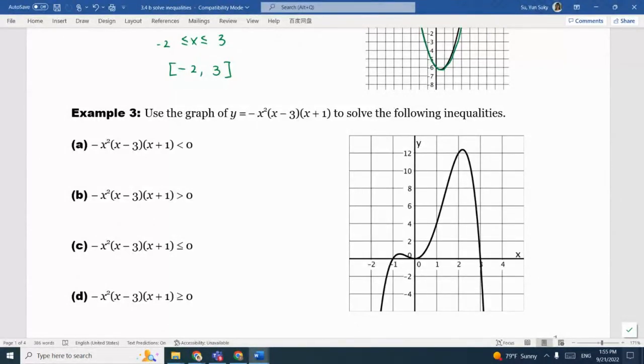Okay, so please work on this problem at home, and then on Friday, we'll go over the solution. Have a nice day.